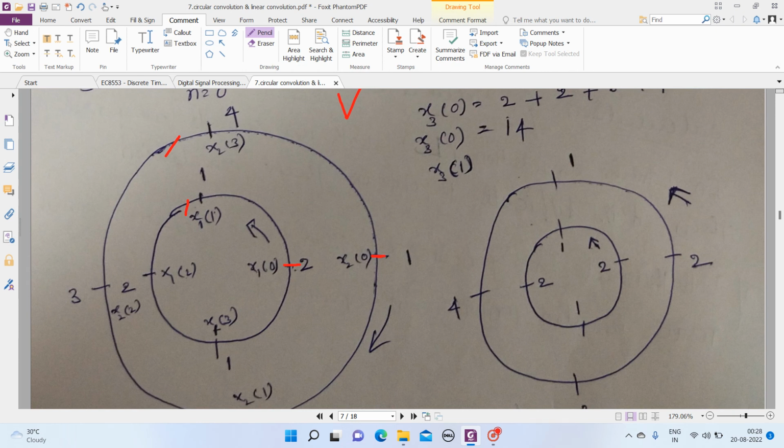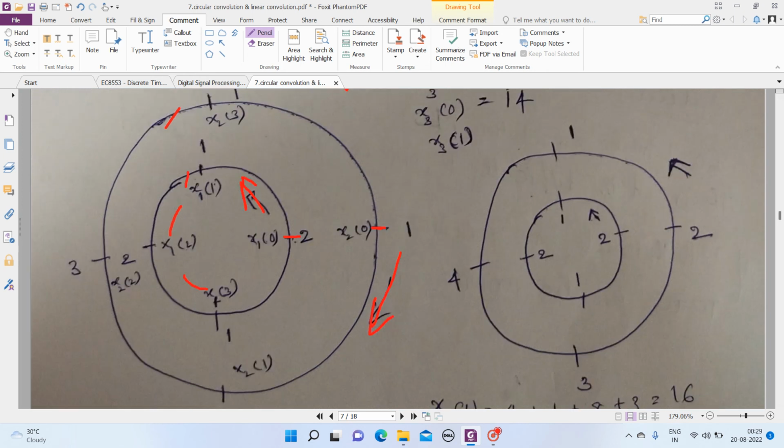Then you have to represent the x1 of n sequence in the anti-clockwise direction. Here this is x1 of 0, this is x1 of 1, this is x1 of 2, this is x1 of 3. This is anti-clockwise, but while representing the x2 of n sequence you have to represent it in clockwise, right?